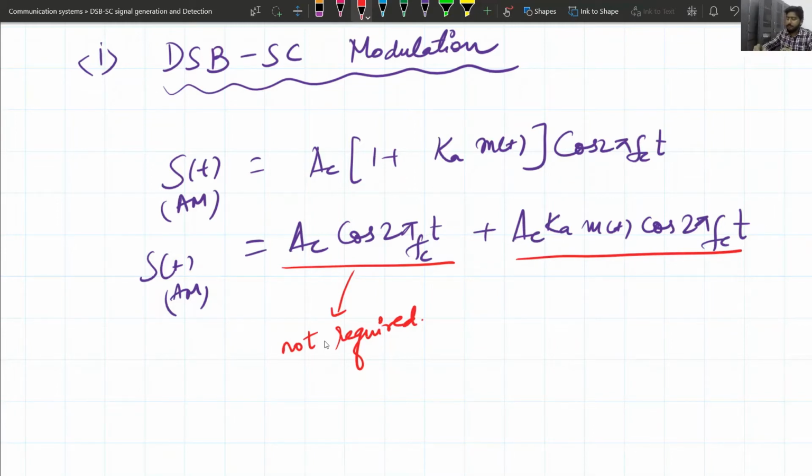With the help of DSB-SC modulation, we are not transferring this wave; all we are doing is transferring this component of the wave. Thereby, the DSB-SC system is more power efficient than the amplitude modulated system.